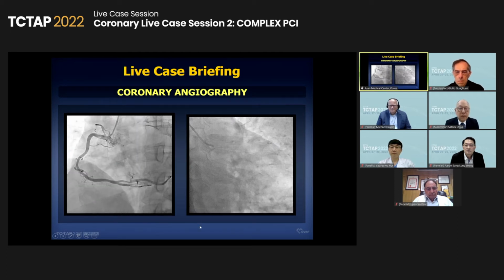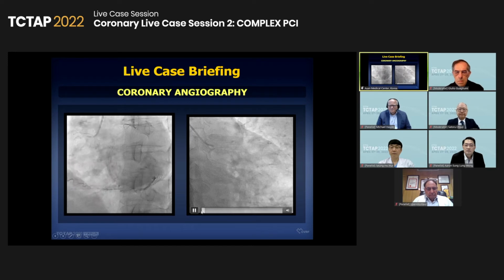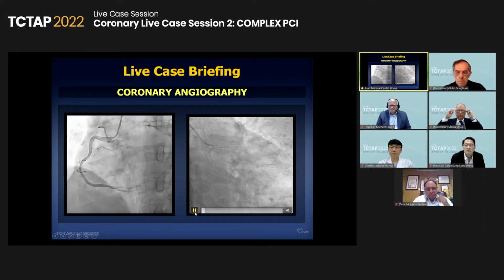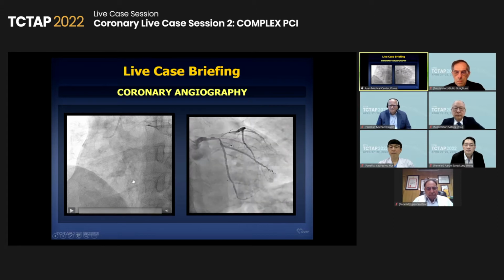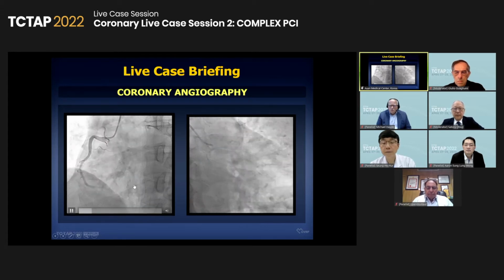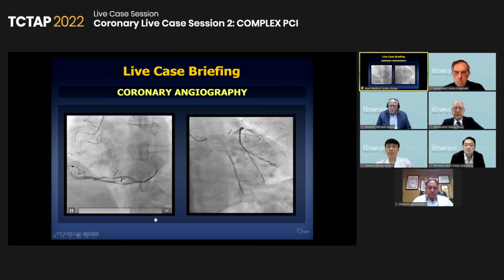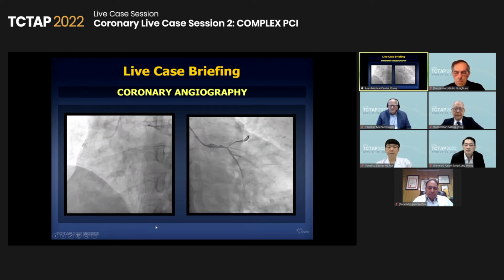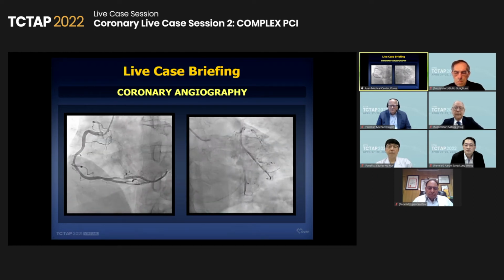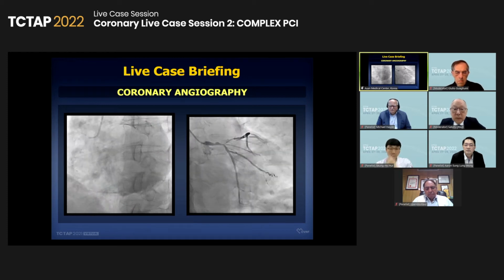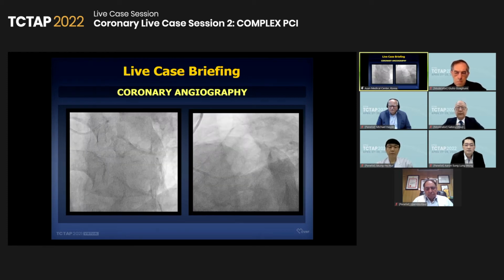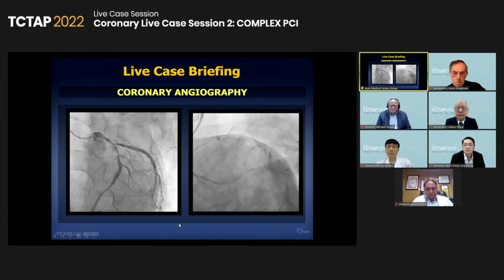In this PA caudal view, there's angiographically significant stenosis at the distal left main to proximal LAD, and there's also a quite tight lesion of the circumflex. Let's move on to further projection. It's quite clear that the proximal LAD region and proximal circumflex region is a bifurcation region.